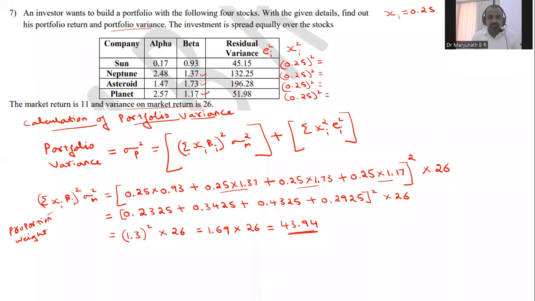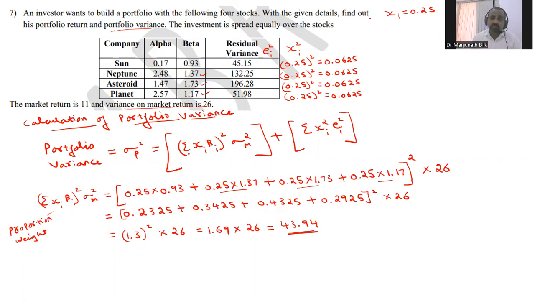Yes, when you multiply 0.25 into 0.25, you should be able to get 0.0625, and this is the same for all the four securities, 0.0625, 0.0625.